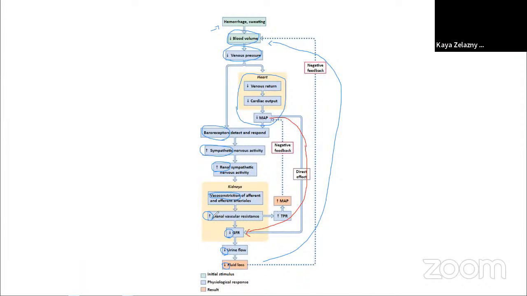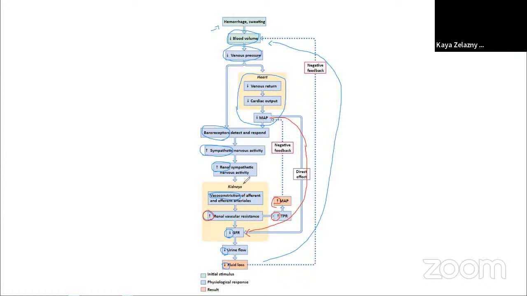We can also see that there is a negative feedback loop happening as well. So as we raise vascular resistance in the kidneys, well, our total peripheral resistance is something we care about when we care about the cardiovascular system. So raising that renal vascular resistance is raising our total peripheral resistance and raising our mean arterial pressure.